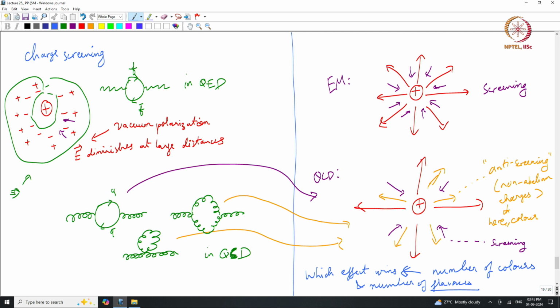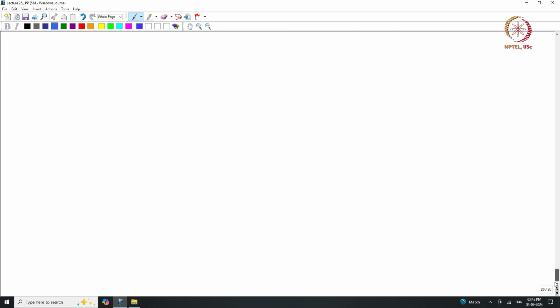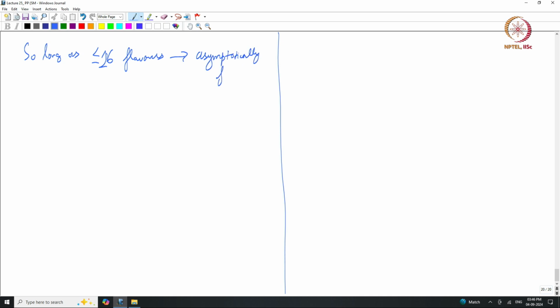So there's a competition between these two, and we find that so long as you have less than 16 flavors, the anti-screening will win over the screening, and you get an asymptotically free theory.